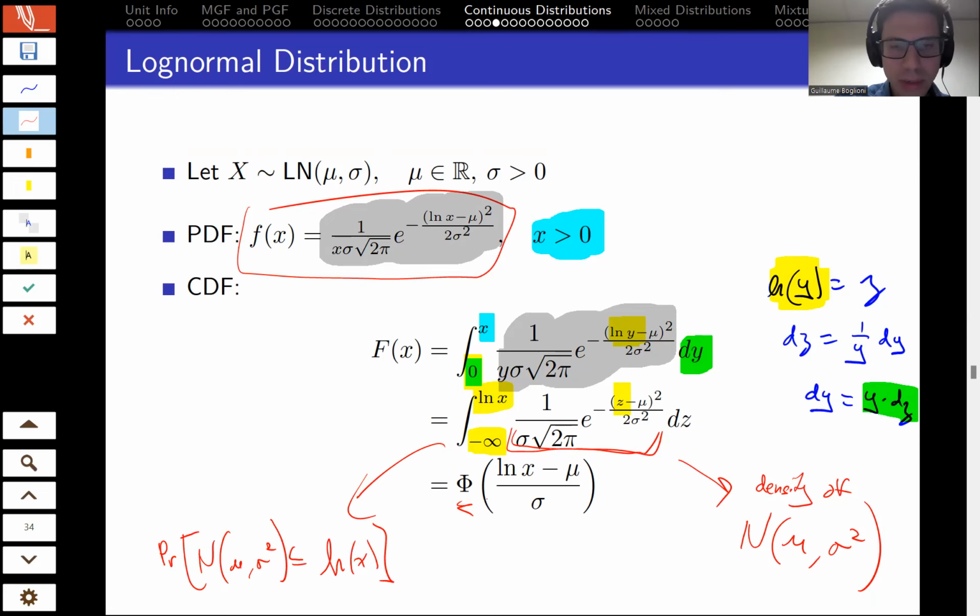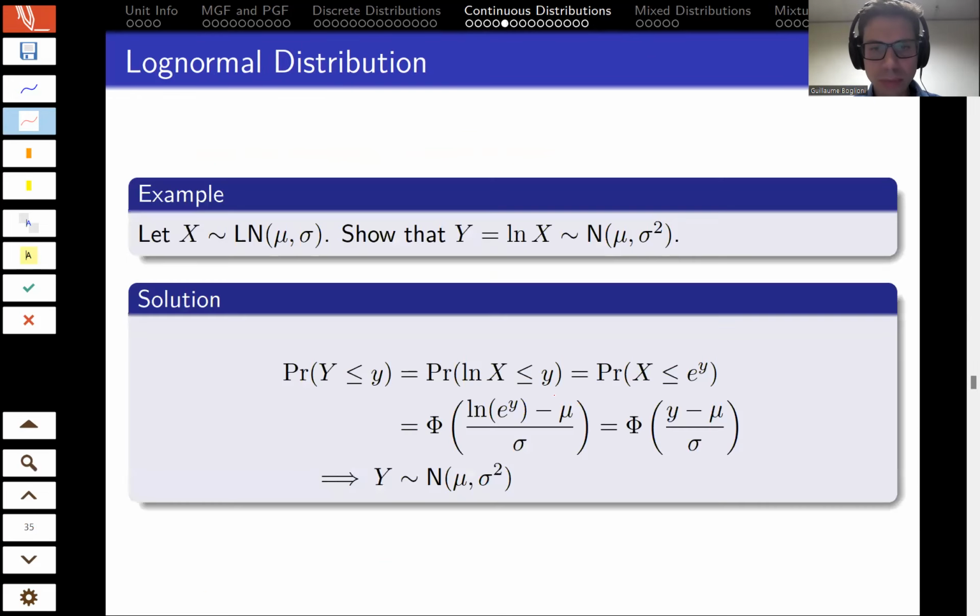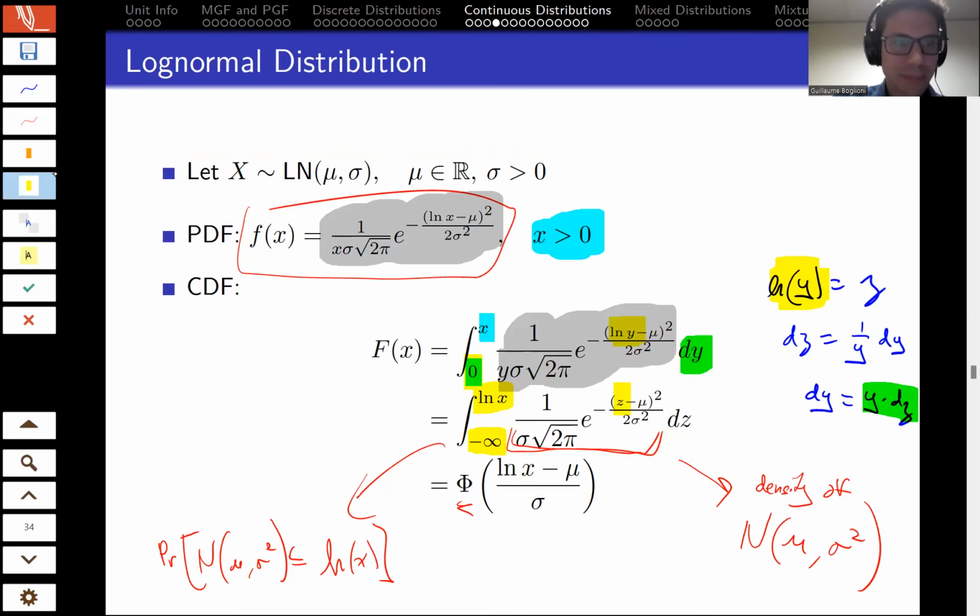Because of the previous slide, you know that it's just phi of the argument minus mu divided by sigma. But careful, the argument is not x, it's ln x. So that's a nice way to get probabilities of the log normal using the CDF of a standard normal.